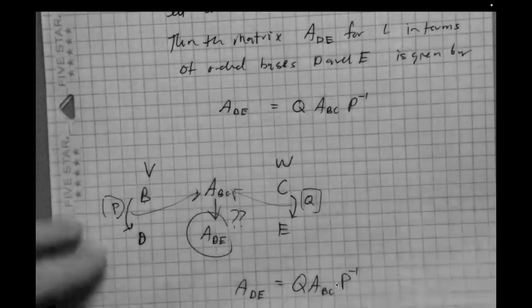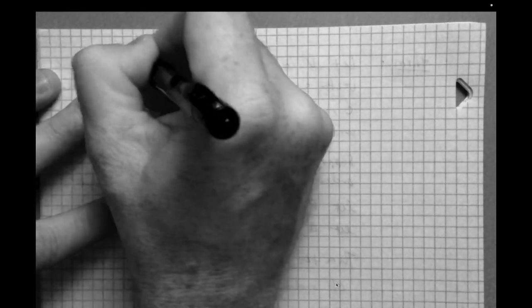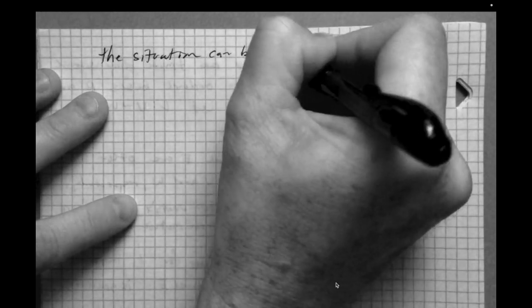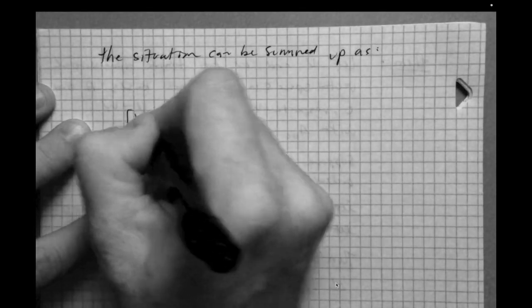All right, now there's a possibly better way to represent this. The situation can be summed up like we just did, or another way to look at it, the situation can be summed up as follows. I've got V coordinatized in B over here.